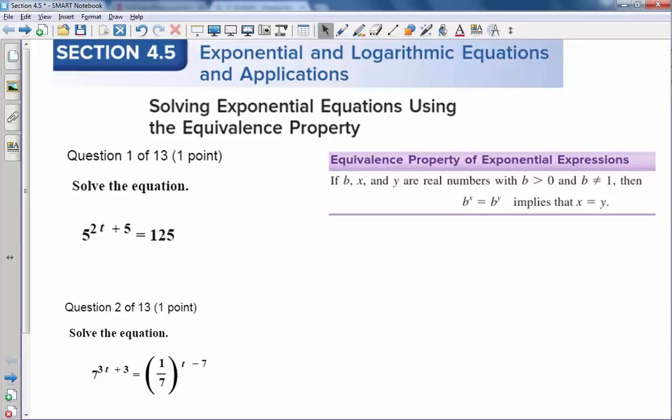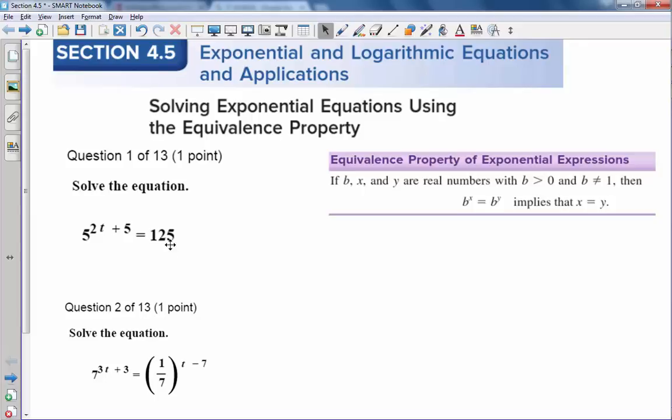We are masters of logarithms, and before that in 4.1 and 4.2 we found inverse functions and exponential functions. 4.5 is where we apply everything we learned. We apply what we learned about exponential and logarithmic functions to equation solving methods. We make use of everything we learned in previous sections to solve equations, such as question 1. Okay?